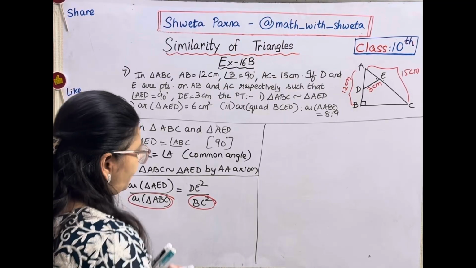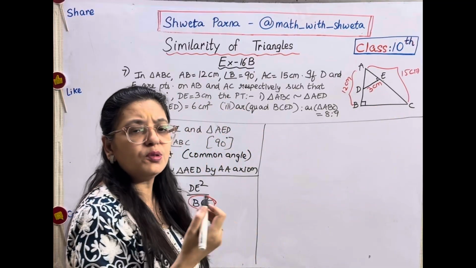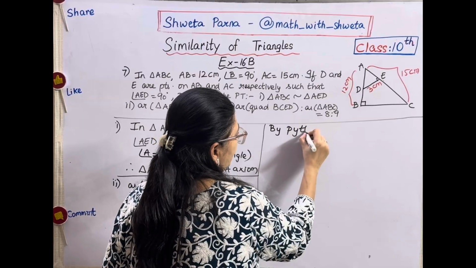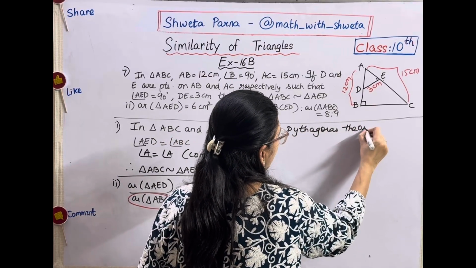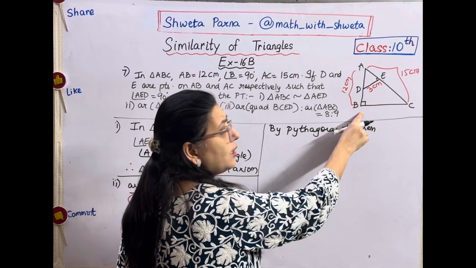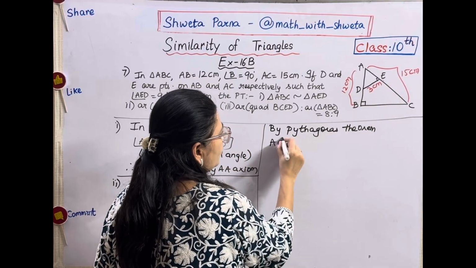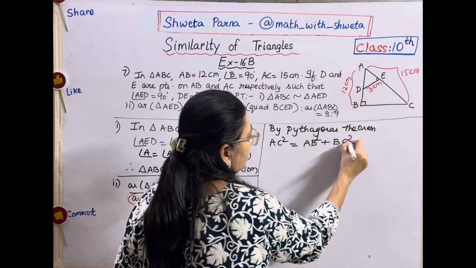First let's find BC. Now this is a right angle triangle. You can use Pythagoras theorem. So by Pythagoras theorem, what does Pythagoras theorem say, children? It is always hypotenuse square. What is hypotenuse? The side which is opposite to right angle. So AC square is equal to AB square plus BC square.